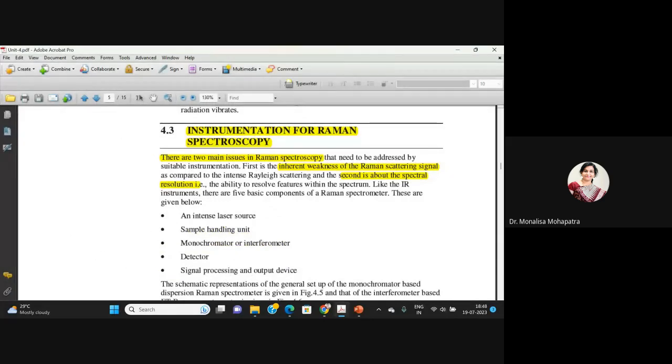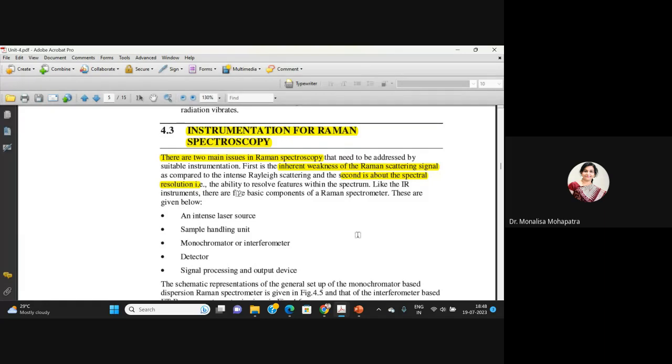Now, coming to the instrumentation of Raman spectroscopy, in the similar way we studied IR as well as UV-visible, here also for Raman we will see the instrumentation. There are two main issues with Raman spectroscopy that need to be addressed by suitable instrumentation.